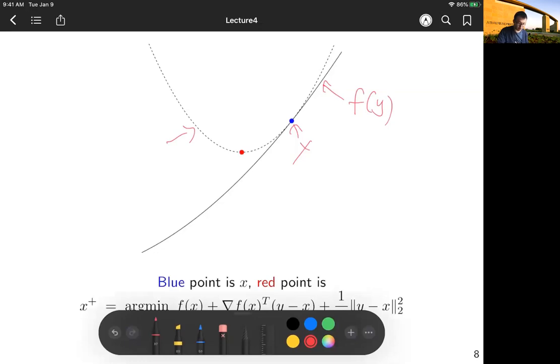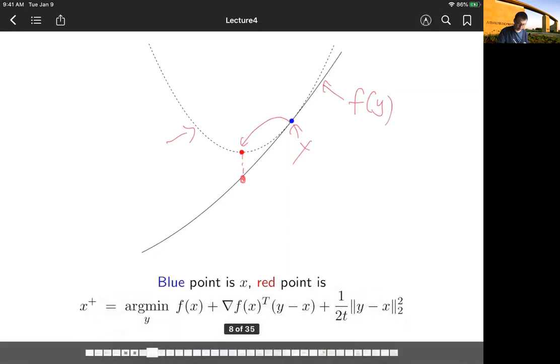Therefore, if you move from this blue dot to this red dot, the corresponding solution will always decrease the objective function value by a bit that's, as we'll see later, proportional to the square of the gradient at this location.